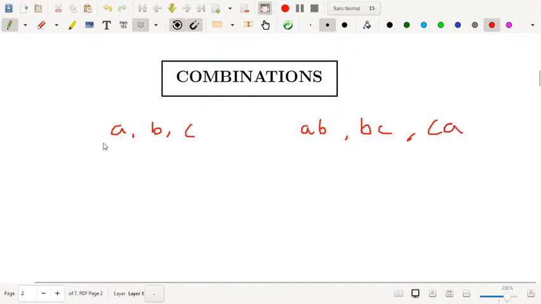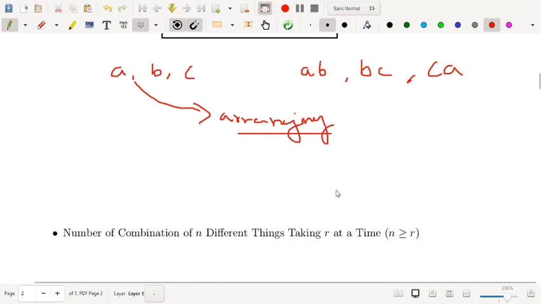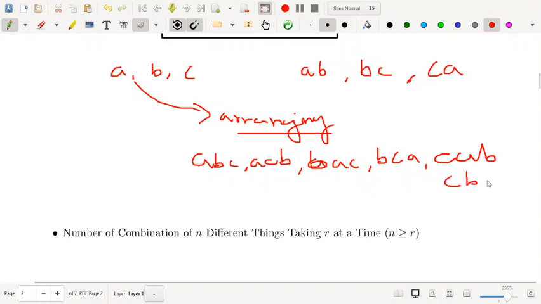But if you are arranging 3 letters, or permutations of 3 letters, the arrangement will be ABC, ACB, BAC, BCA, CAB and CBA.